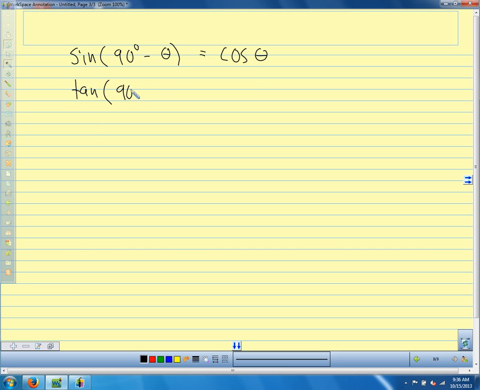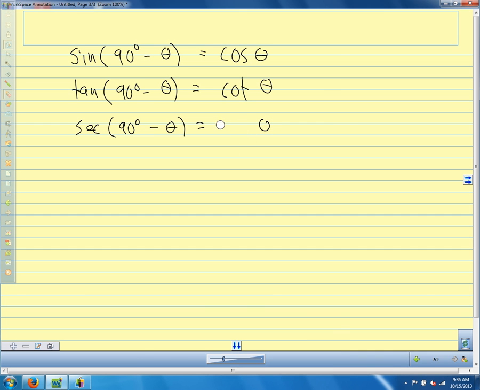The tangent of 90 degrees minus theta is the cotangent of theta. And the secant of 90 degrees minus theta is the cosecant of theta. And it goes the other way around also.